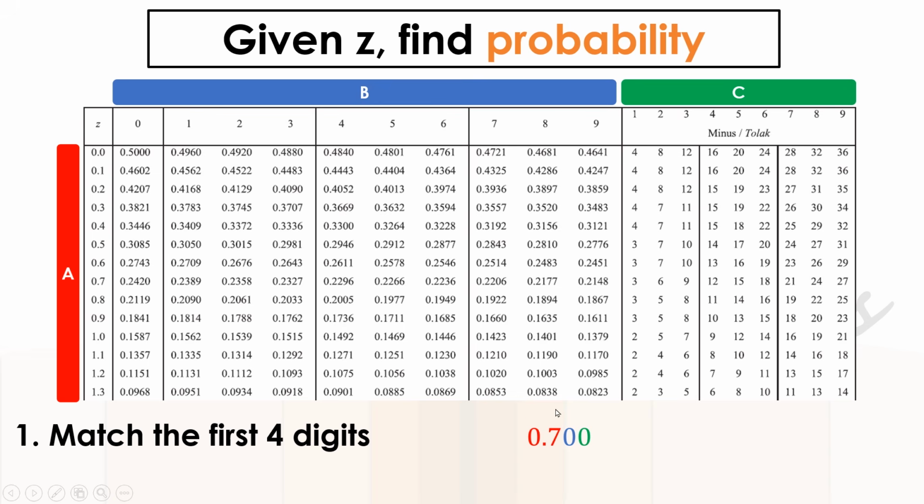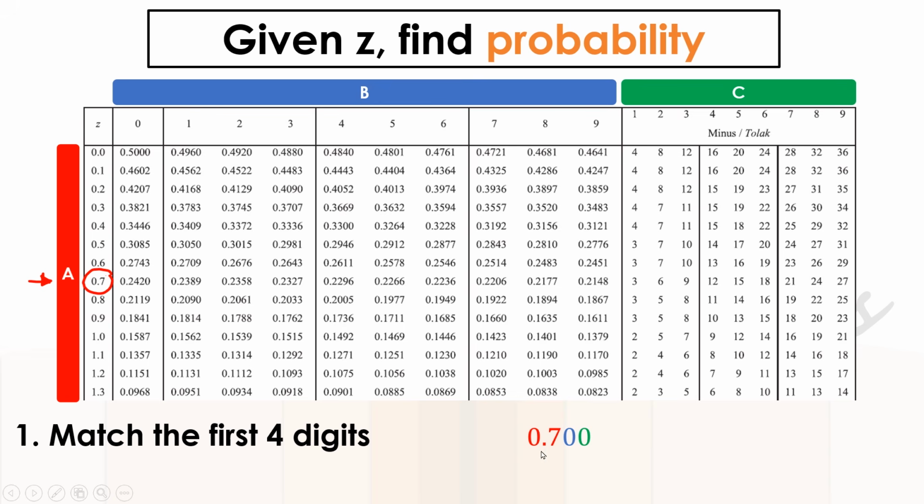So for the first 2 digits, which is 0.7, we are going to match it with section A, right? So let us search the value of 0.7. Alright, it's here. So this means when we are finding the probability, we need to focus on this row, right? This row.